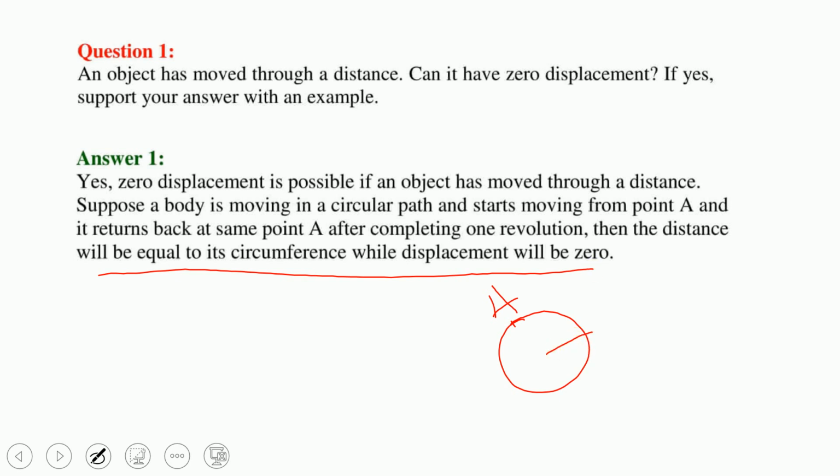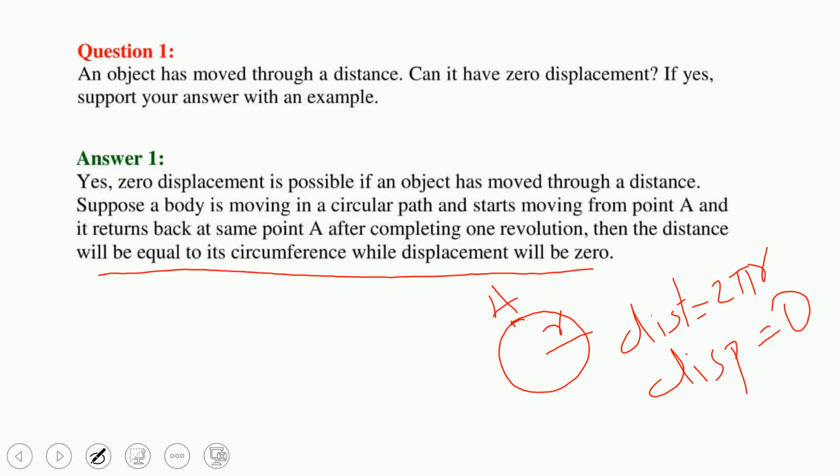Here the radius is r, so the distance traveled is equal to 2 pi r. What is the displacement? The displacement is equal to 0. Why? Because it reached the same point. That is the question.